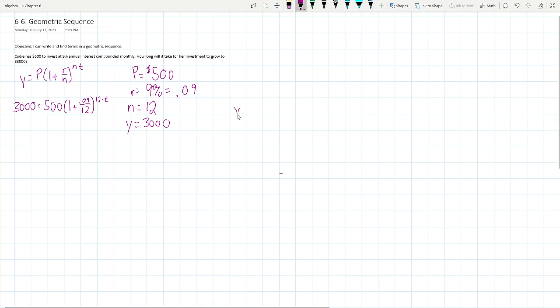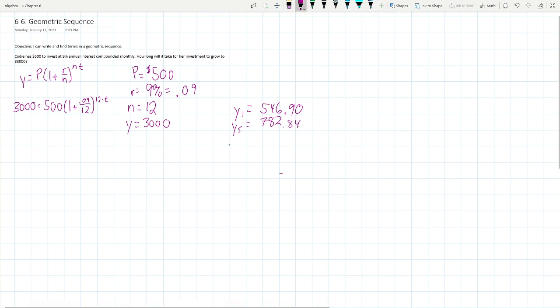So at year one, I'm at $546. That tells me I might need to make a bigger jump than ones. Let's go to 5 and see where we're at. At year 5, we're at $782.84. All right, so let's go to 10.